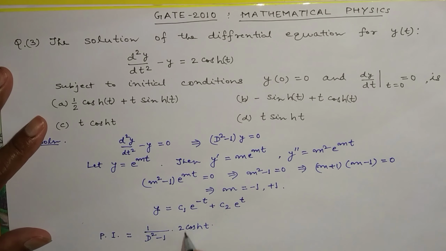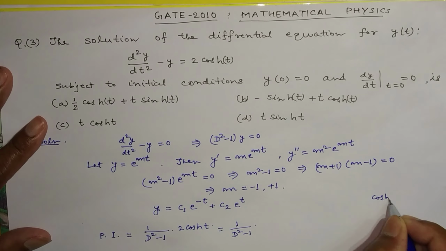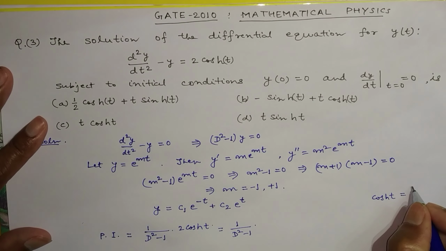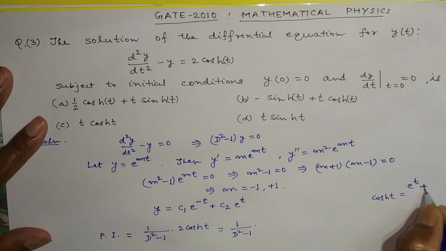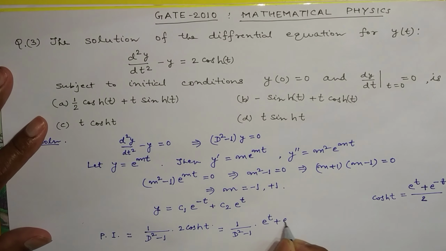Now what is cosh t? Cosh t is e raised to t plus e raised to minus t, divided by 2. So twice cosh t is e raised to t plus e raised to minus t under bracket.